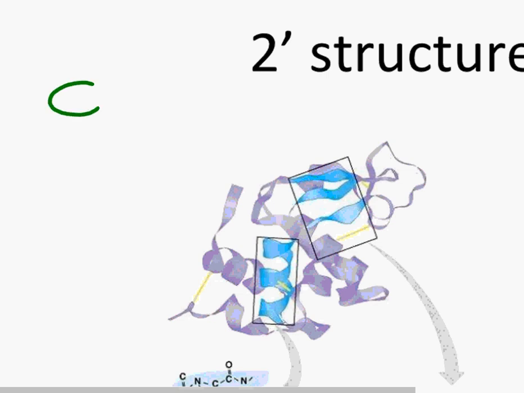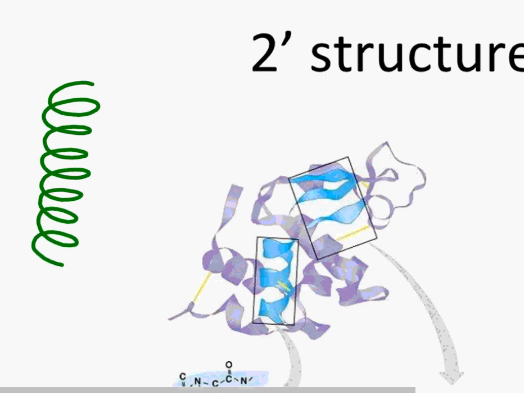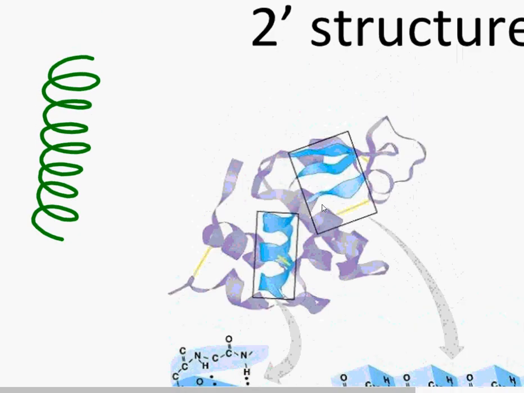They can do it this way, where they kind of form these coils, or it looks like a phone cord, for those of you who remember what a phone cord is. And when they do this, this is called an alpha, Greek letter alpha, helix.